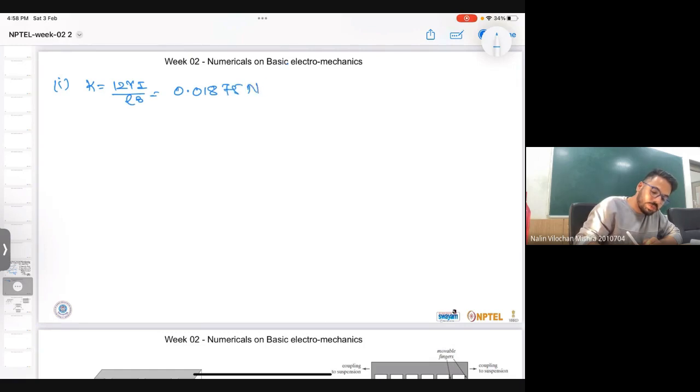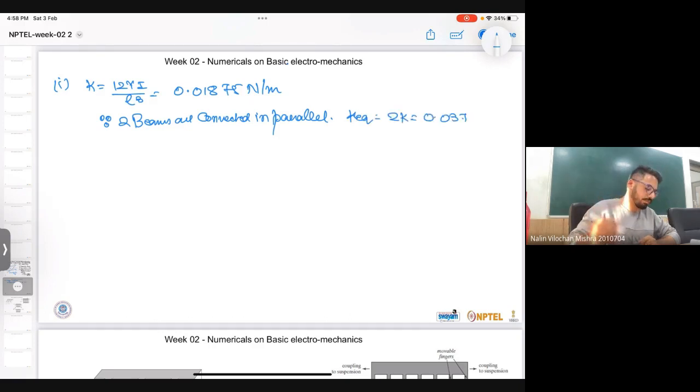Since these two beams are connected in parallel, hence K equivalent will be 2 times K, which is 0.0375 Newton per meter. Okay.